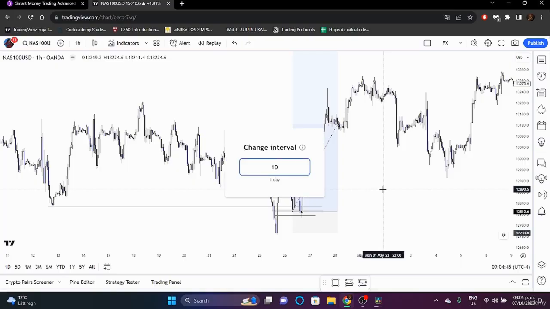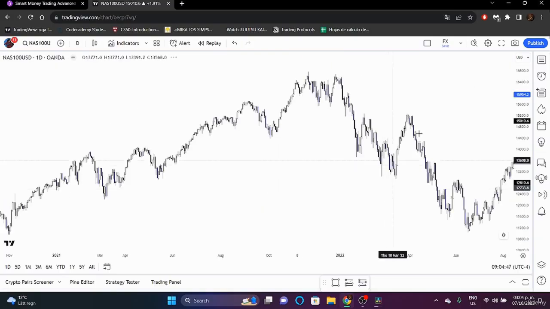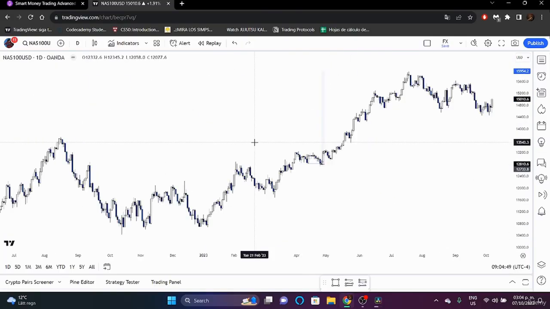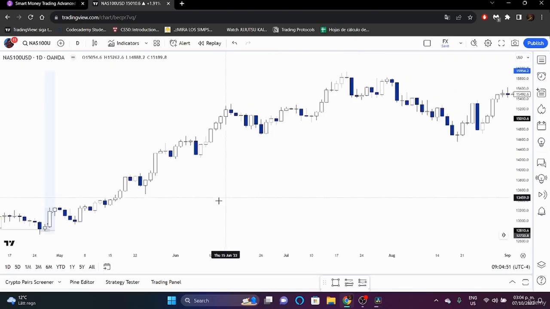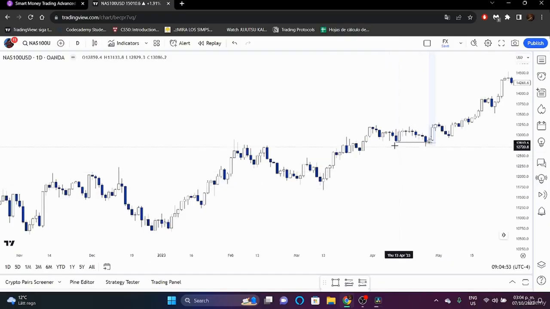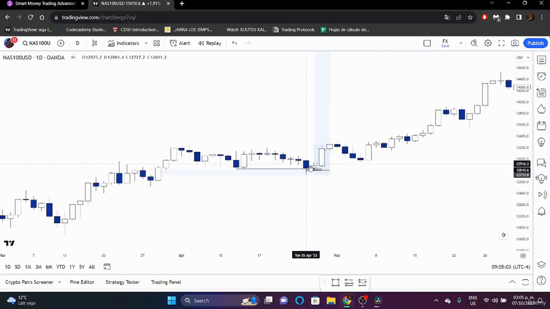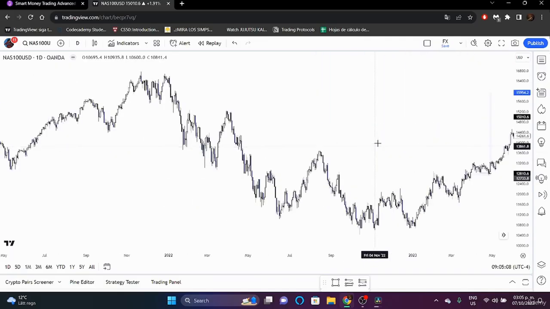I mean, it's just insane risk to reward. But pretty much I think I'm correct on this. There was an imbalance, I don't even need to watch the daily to know it. There was an imbalance, there were stop losses there, and we just manipulate, we create a PPR, we change delivery, and where are we going?